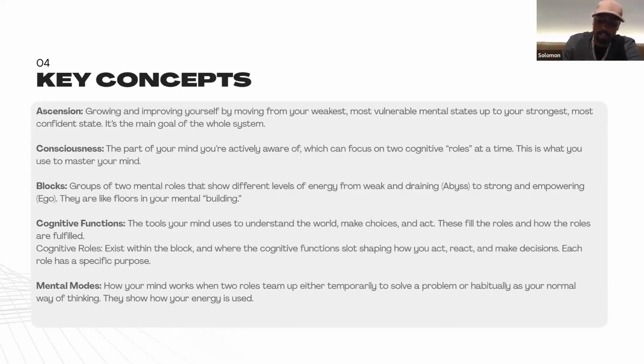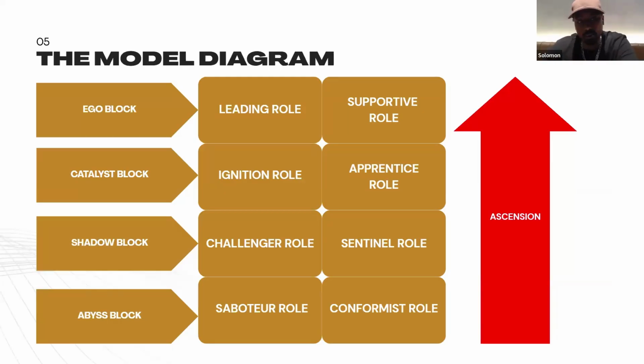All right. So let me go on to the next part. Now, this is going to be the most important part, I guess, of the whole presentation, which is the model diagram. The most important part is the part in the middle that you see here. And each cognitive block is arranged in rows.